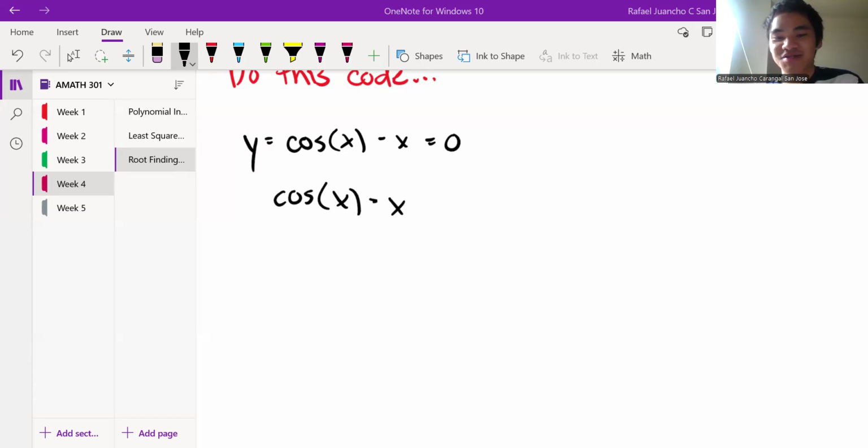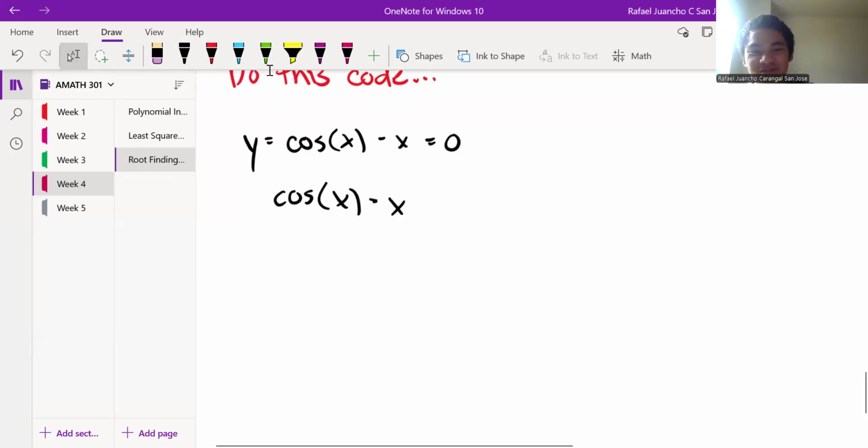Oh, so it cannot be solved. Because I'm thinking, okay, what if we plug in 1 or something? Plug in zero. So this thing is again unsolvable.